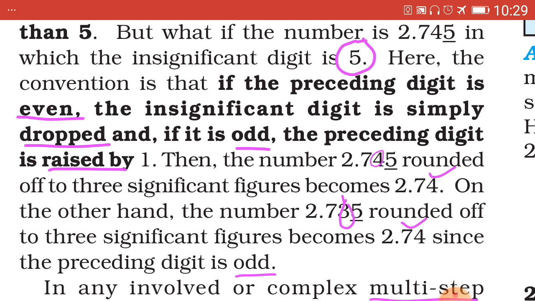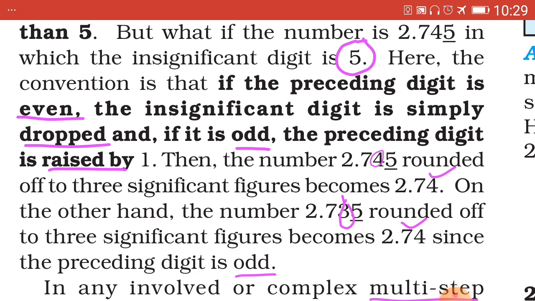The number is 2.745. Now 5, that is in the third place after the decimal, is insignificant, which is not to be considered. As there is 5, the previous digit 4 is even, so you have to cancel 5, of course, in both even and odd cases, and here 4 is even, so no change, and hence the number will remain 2.74.